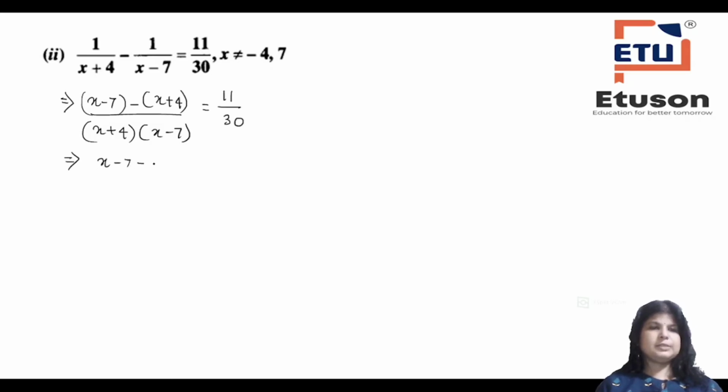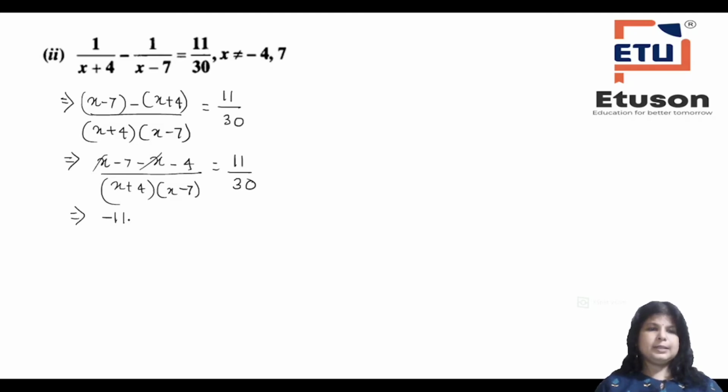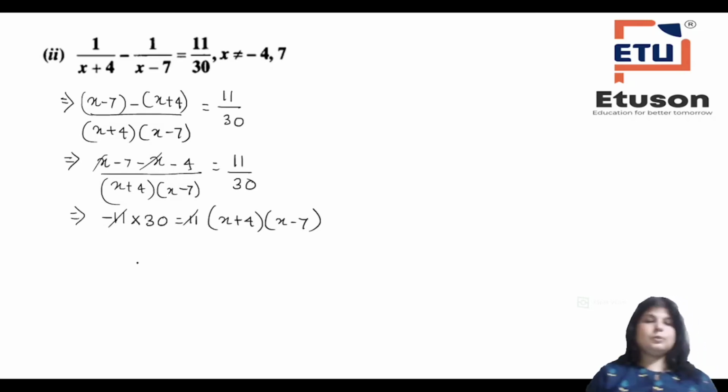So you will have x minus 7 minus x minus 4 divided by x plus 4 into x minus 7 is equal to 11 divided by 30. So you have here minus 11 into 30 is equal to 11 into x plus 4 into x minus 7. So we can cancel this 11 over here so that your equation will be more simpler. Correct. So you have minus 30 in the left hand side.